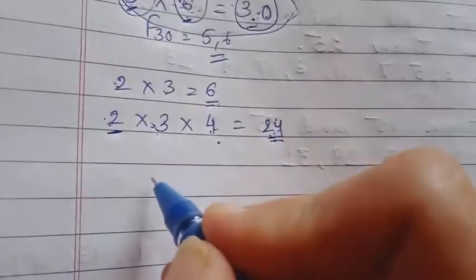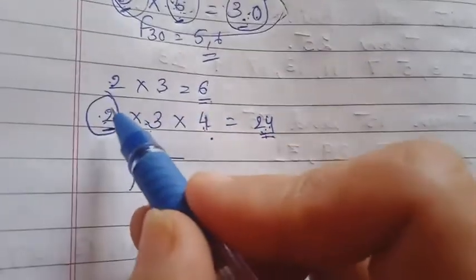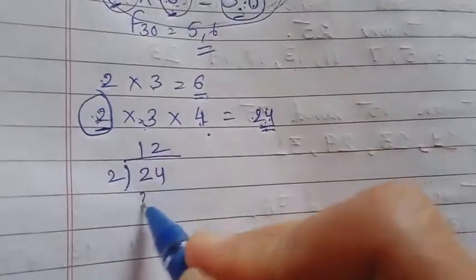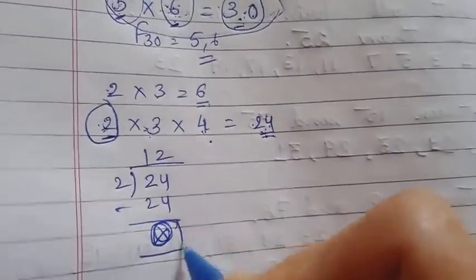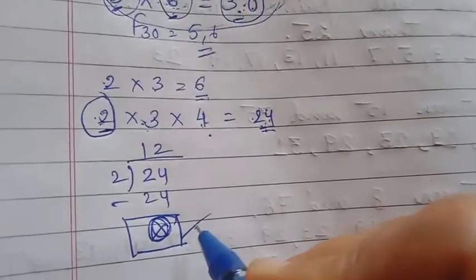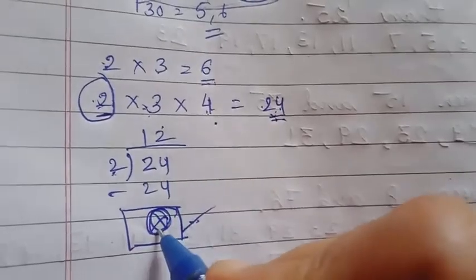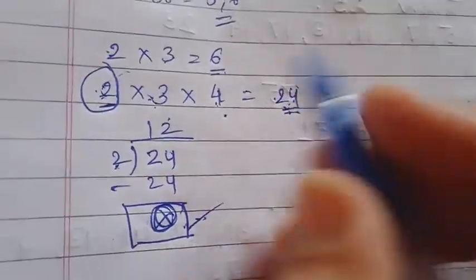What is the meaning of this? Now I say 2 is a factor, because 2 divides 24 completely. Let us see how. 2 12s are 24, and the remainder is 0. So 2 has divided 24 completely when the remainder is 0, and we say that 2 is a factor of 24.